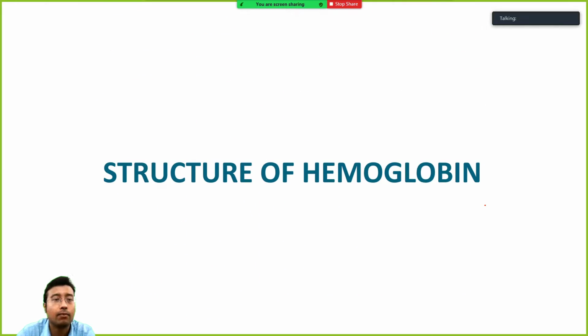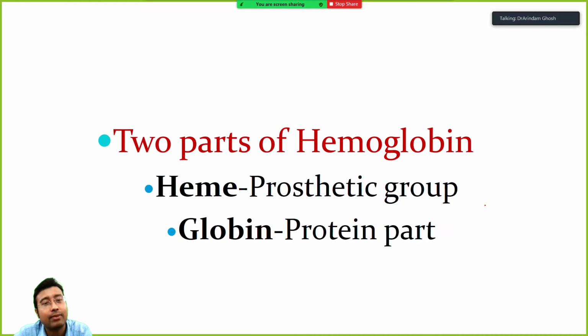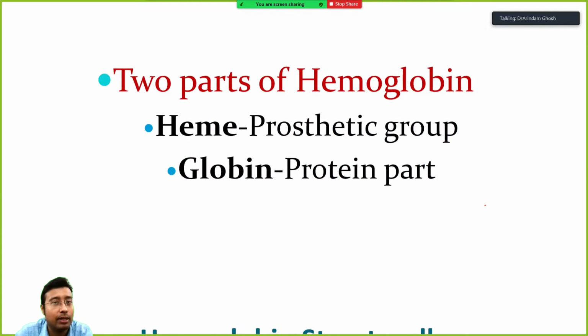Okay. So now that we know something about the history and nature of hemoglobin, let us now look at the structure of hemoglobin. As I told you, there are two parts. One is heme, that is the prosthetic group, and another is the protein part, that is globin.